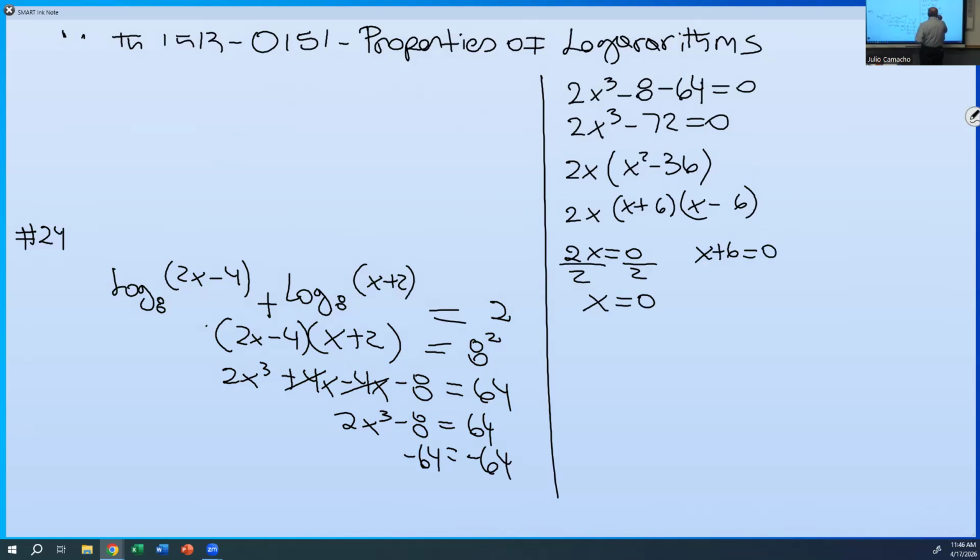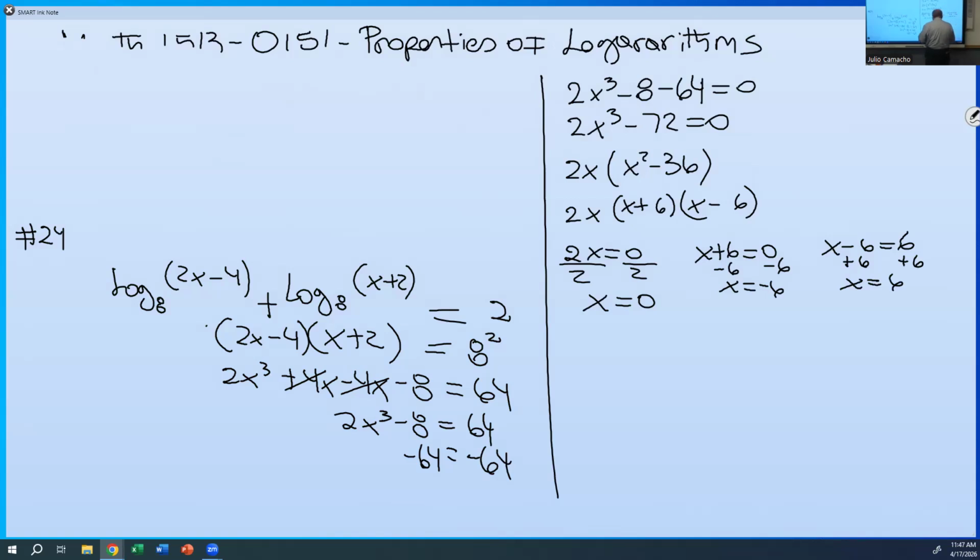You subtract 6 from both sides, x is equal to -6. And then the third product is x minus 6 is equal to 0. And if you add 6 to both sides, x is equal to 6. So that is the answer.